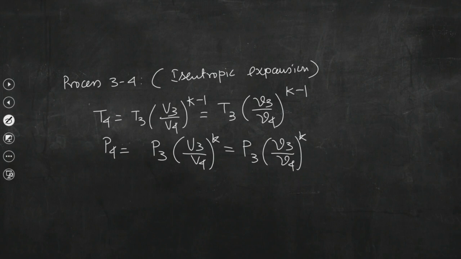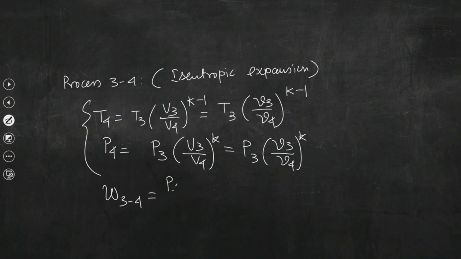So, we can write the pressure and temperature at the end of the expansion process, because we know the pressure and temperature at the beginning of the expansion process, that is T3 and P3, those are T max and P max. This is an isentropic process, so there is no heat interaction between system and surroundings, but what is the work interaction?